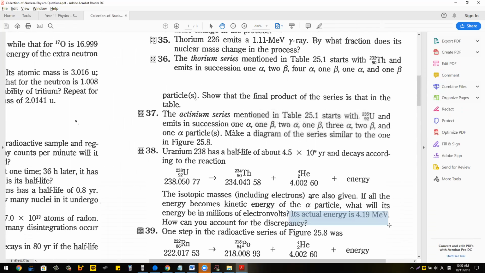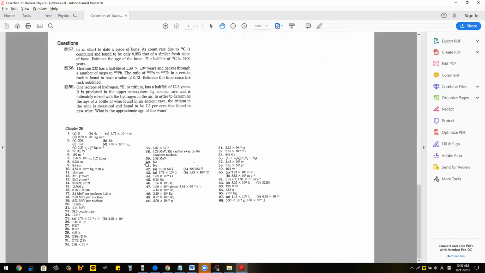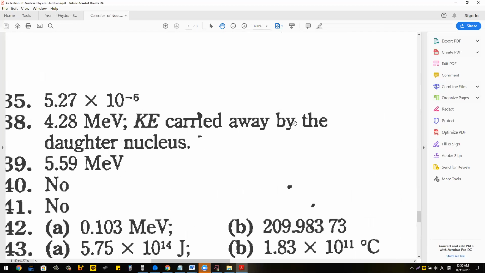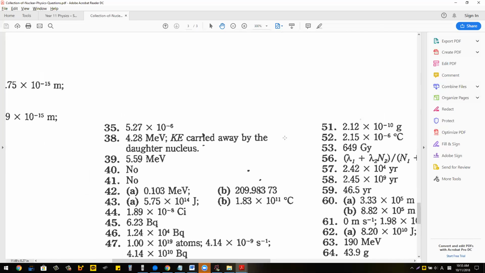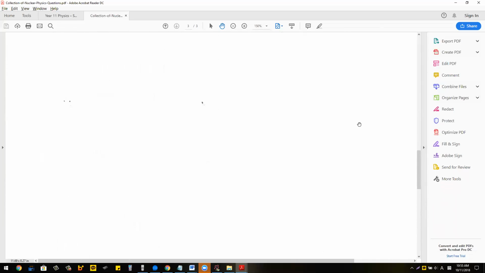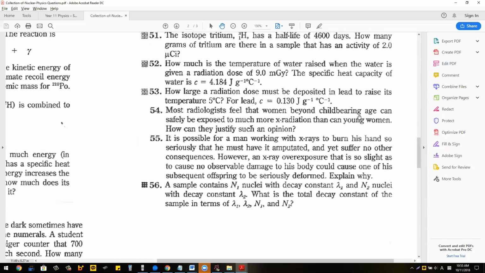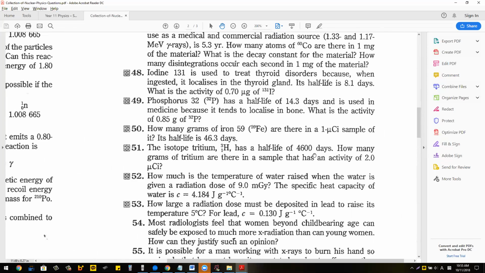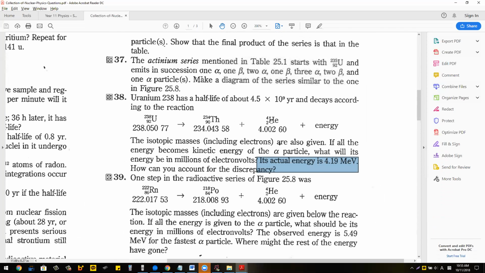Hold on. So it says that its actual energy is 4.19. How can you account for the discrepancy? What does it say in the answer? It says the daughter nucleus carried away energy. Well, that means of course not all of its energy will be used to accelerate the helium.